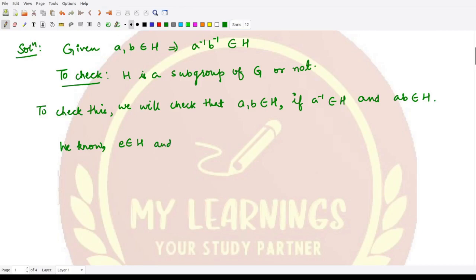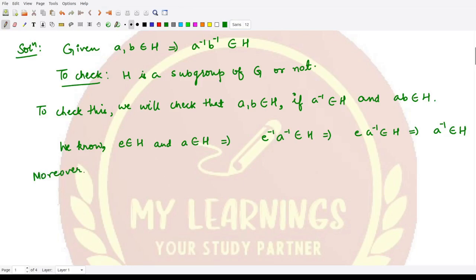And let's take A belongs to H. So this would imply E inverse A inverse belongs to H. The inverse of identity is identity itself, right? So it implies A inverse belongs to H. So that means if A is present in H, its inverse is also present in H. So it satisfies this first property, correct?